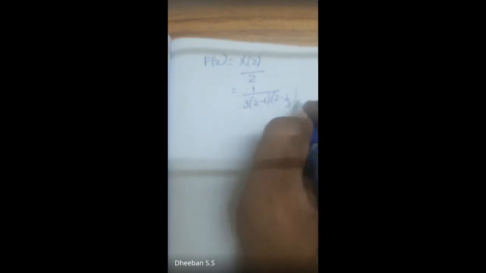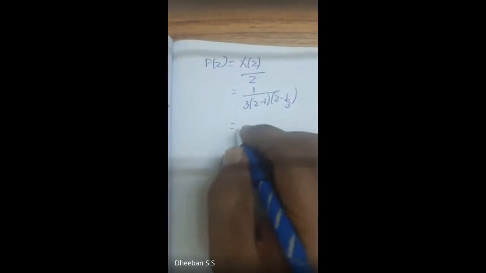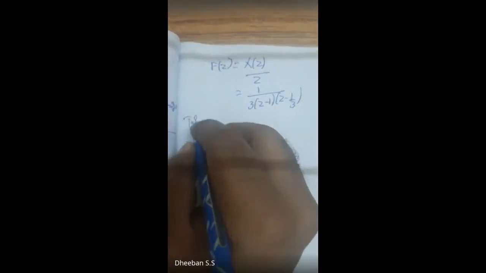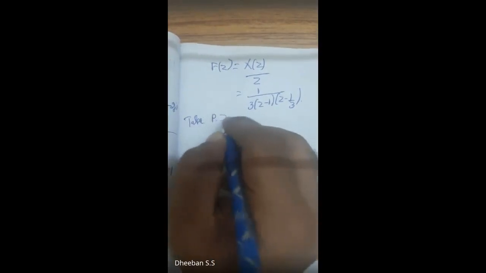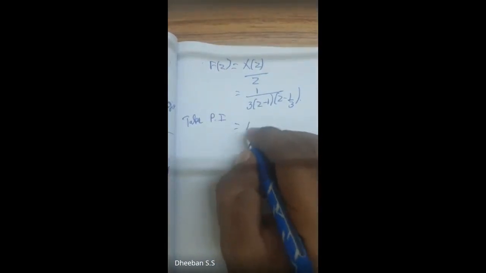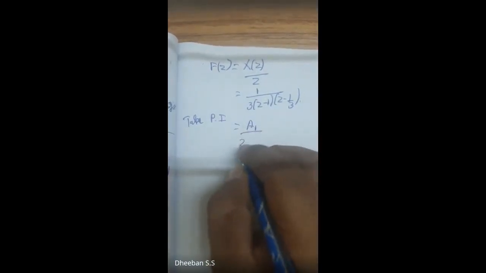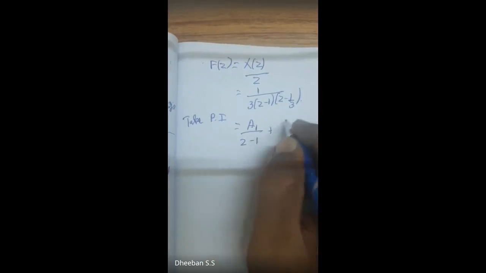So now we have to take partial fractions. We'll be having A1 by z minus 1 plus A2 by z minus 1 by 3.